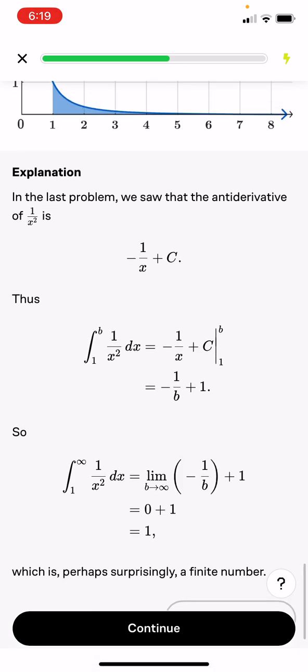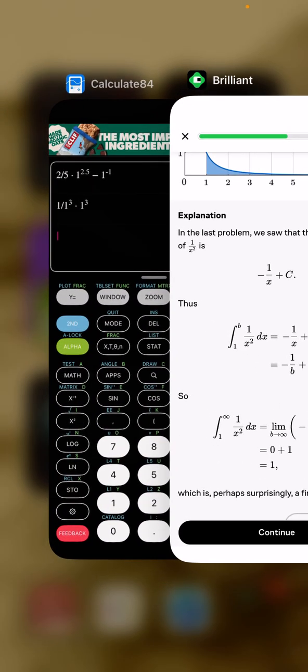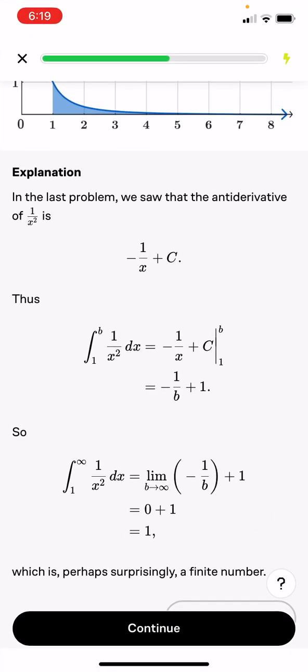Okay. In the last problem, we saw that the antiderivative of 1 over x to the second is, well, I was wrong with that. It was negative 1 over x plus c. Thus, the integral from 1 to b of 1 over x squared dx equals negative 1 over x plus c, which equals negative 1 over b plus 1.